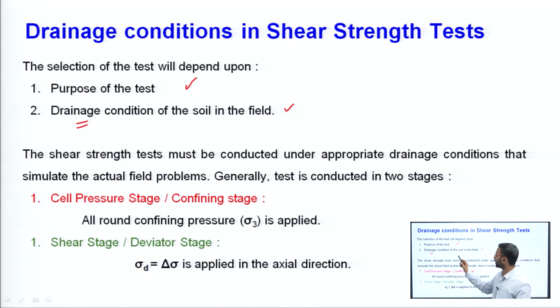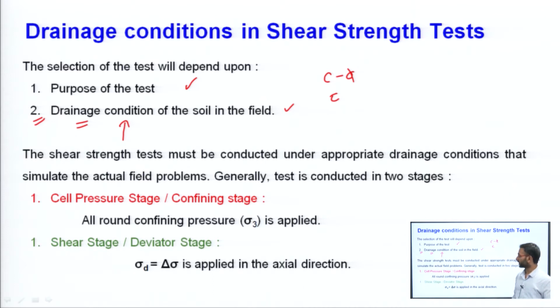In that case, you cannot say that the soil is, let us say, a sand soil or simply a clay soil, because a clay can also act as a sand when the drainage conditions are controlled. Okay, we will see it in the last portion today or in the next class. I will be discussing this point in great detail.